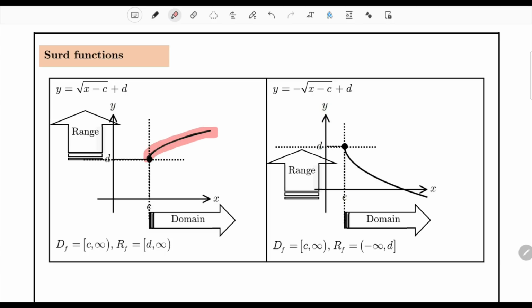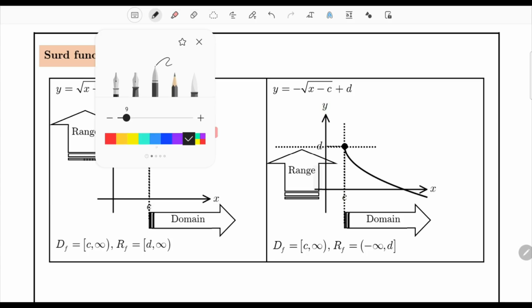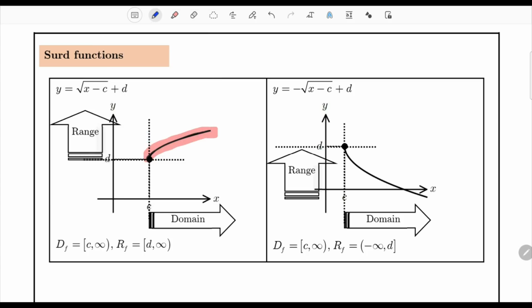So from where does the curve start? The curve starts from here, up to here. So the domain starts from this value, which is c, up to infinity.